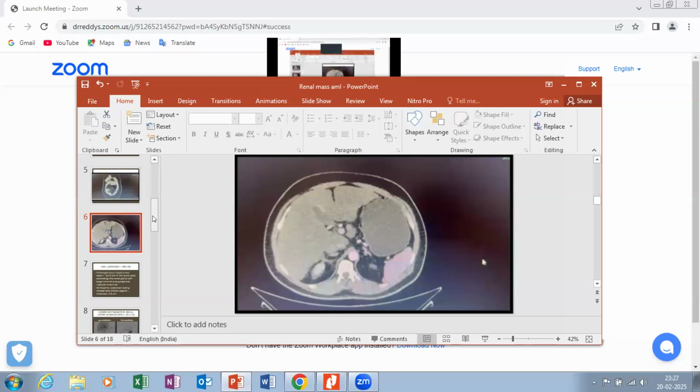Okay. So what are the treatment options? How was this patient treated? In this patient, angioembolization should be done. Okay. Why not upfront surgery? Usually, this tumor has a very good plane with the kidney parenchyma or surrounding tissue.